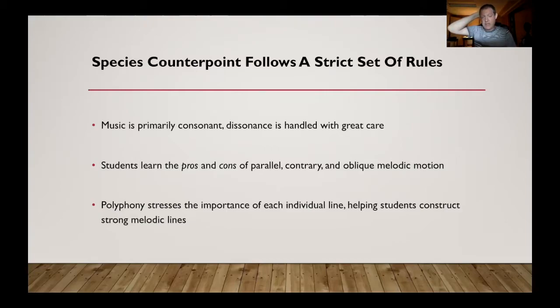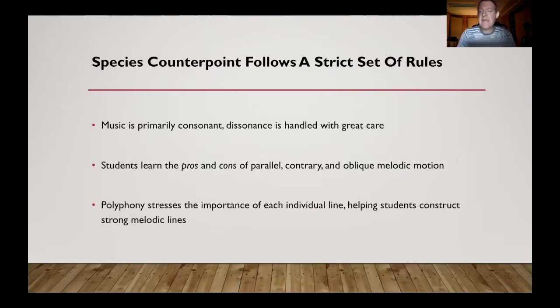So I can use them, I can reference them, I can throw them away, or I can break them. And sometimes that's the most beautiful thing, is you breaking the rules when you know you're breaking something, and you do it for a specific reason. So I usually will say I'm breaking this rule for the sake of expression, or the sake of being an artist, right? So we're going to talk about the rules and how this works.